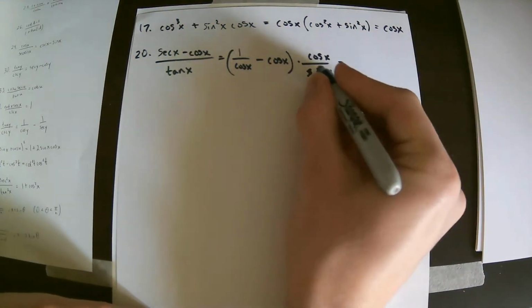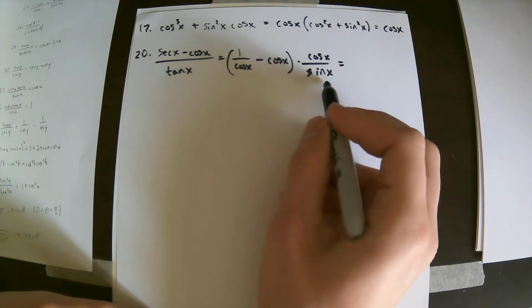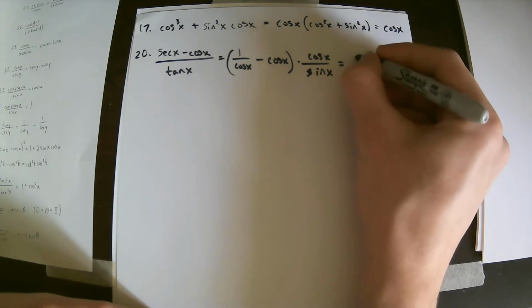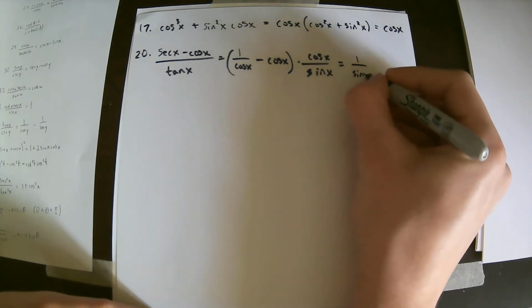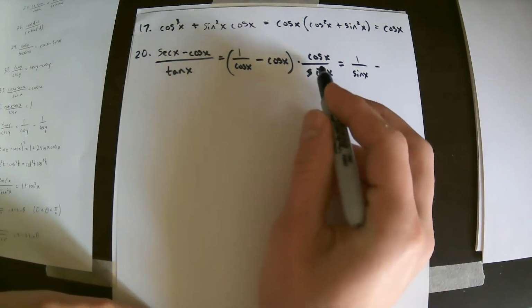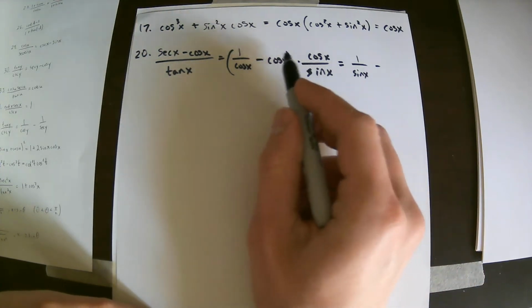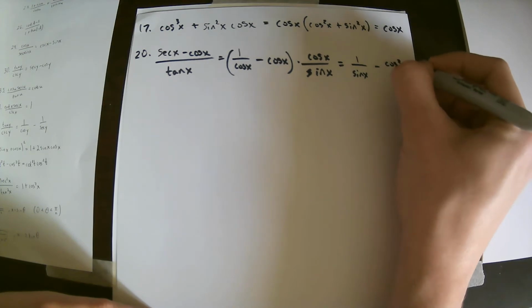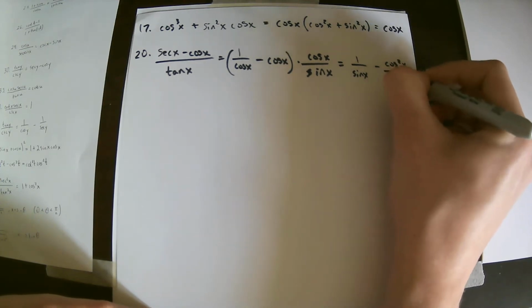So if I distribute this in, I'll have cosine over sine times 1 over cosine. So the cosines will cancel, sine will be left in the bottom. So I've got 1 over sine x minus, and then right here, cosine over sine times cosine. That's going to be cosine squared x over sine x.